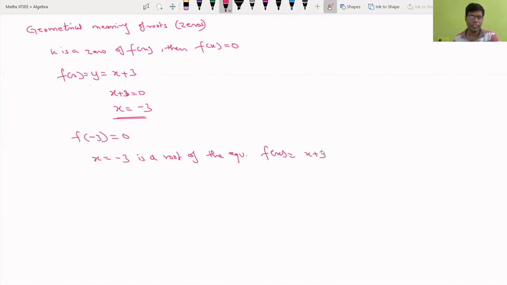Geometrically, if we want to understand it, it is nothing but if you draw the Cartesian plane. So this is my x-axis, this is my y-axis, this is 0 origin. So y is equal to x plus 3 will look something like this. Anyway, the straight lines we will discuss elaborately, on how depending on the slope and depending on the y coordinate, we plot the graph of a straight line.